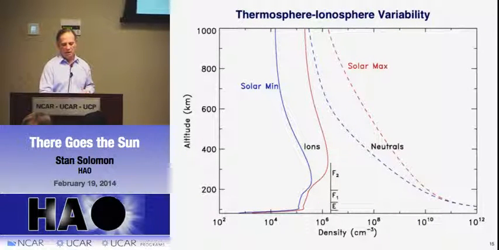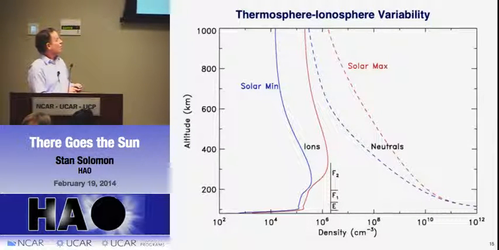Oh, one more. The variability of the ionosphere and thermosphere sort of go together. A hotter solar maximum ionosphere means a denser, more extended thermosphere. Notice, you seldom see the ionosphere and the thermosphere plotted on the same axis because they're so different in density.